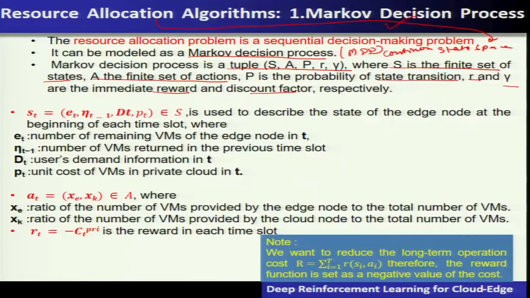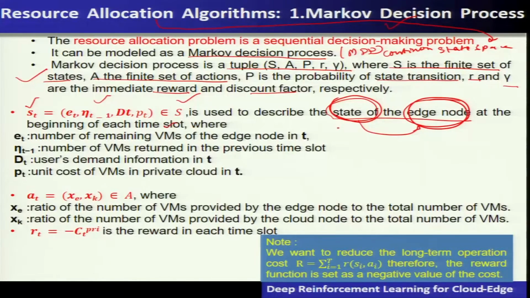Whereas this particular formulation is explained regarding the finite set of states in capital S. So what does that state mean? So S from that tuple, that is the finite set of states, is described as the state of an edge node at the beginning of each time slot. So we talk about the state of the edge node, to which we have to pay attention.